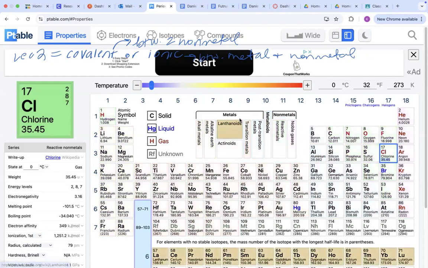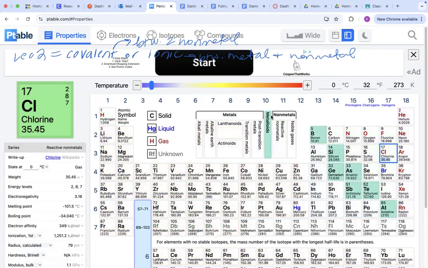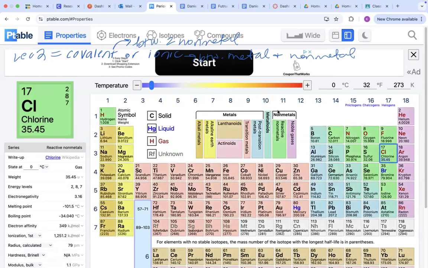And metals are everything to the left of the stair step. If you're curious, this is ptable.com. I really like it. It's really cool. I hover over this and it shows me all the metals. If I hover over just metalloids, it shows me those. It's got so many other things going on too.